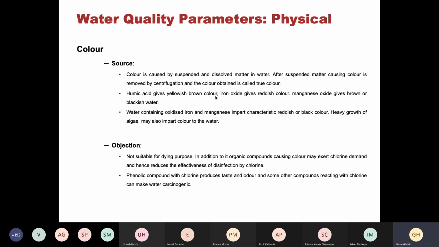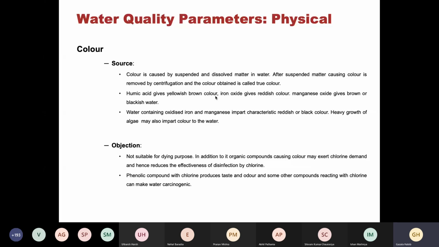Now, color is another parameter. Colored water is unpleasant to see, especially while drinking. Color can be imparted by various metallic oxides, like iron oxide, which gives a reddish color, and manganese oxide, which gives a brownish or sometimes blackish color.